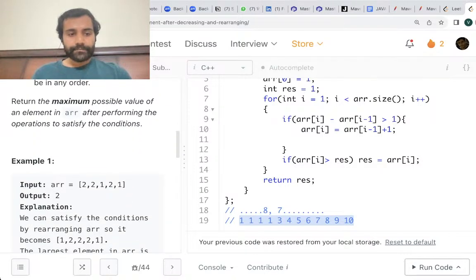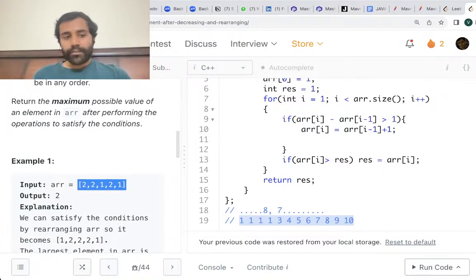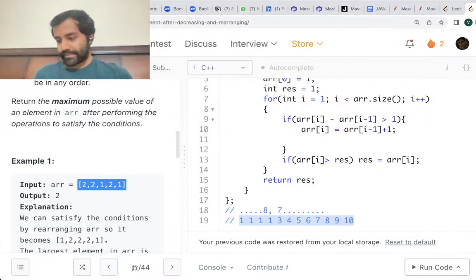So for example, if you look at this array, how many operations would you want to do? Tell me that first. How many operations are required to convert it into an array with the desired property?